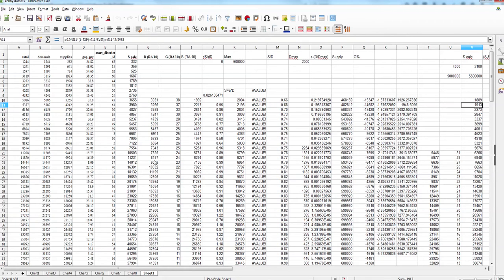So the average is in blocks of 10 all the way down. Did the same with the gap, and the same with the supply, and then tried to think about how supply should be related to demand.